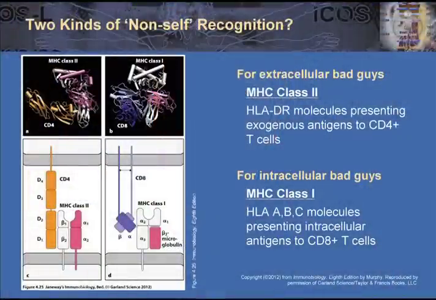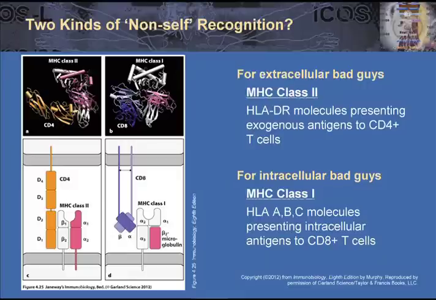Now, as it turns out, we've evolved two different pathways for recognizing these bad guys. For intracellular proteins, we have CD8 positive T cells, and they recognize antigen presented by HLA A, B, or C. And we also have extracellular pathogens recognized by CD4 positive T cells, which present antigen in the context of HLA-D.